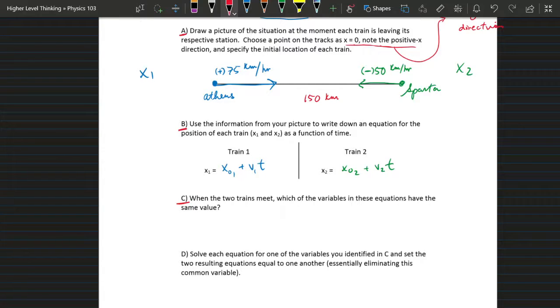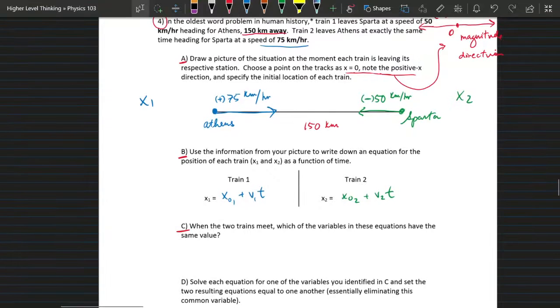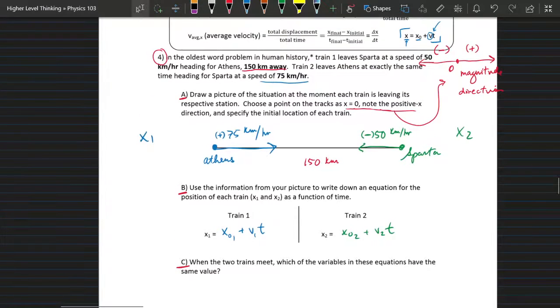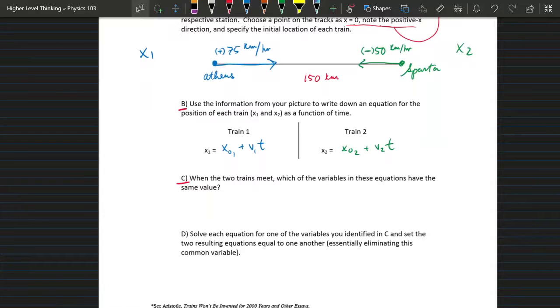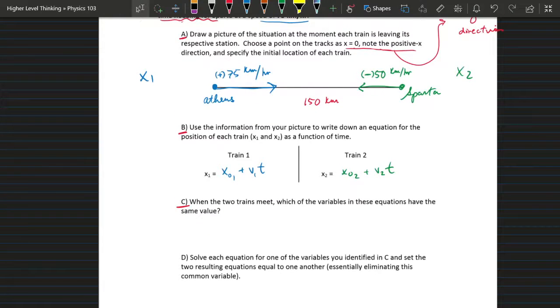Well, we know that they both take off at the same time. It says train 2 leaves for Athens at exactly the same time that the other one takes off. So if they take off at the same time and they meet or they cross paths on the track, we could assume that the same amount of time has elapsed.